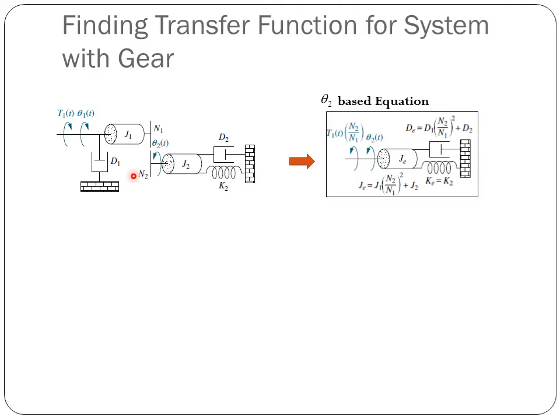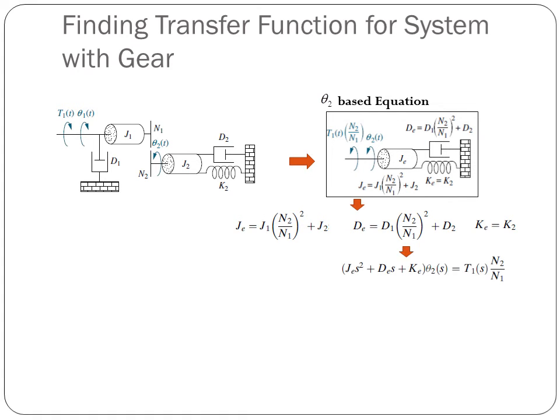Similarly, we have a d1 here. We have to transfer it and add it to the d2 to write the equation on the right side. So the equivalent damping will be d1 into n2 by n1 whole square plus d2, and there is no spring here, so nothing to transfer here. The equivalent spring will be just k2. That's it. So now we can write down the equations.